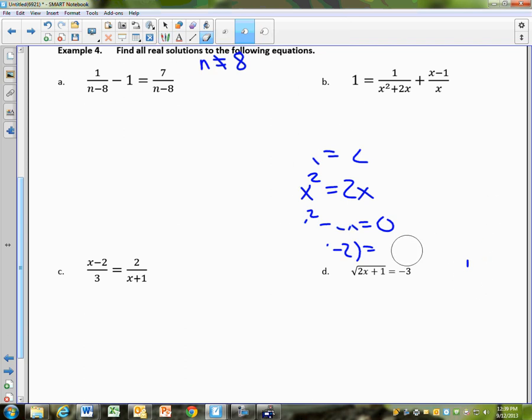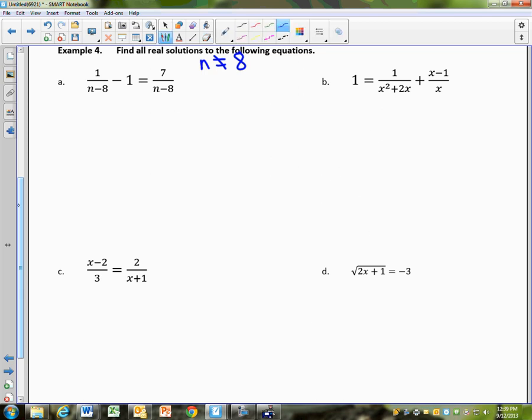So, to start problems like this, just to make this nice and easy, I have to identify the common denominator, and that's what I will multiply through by. What's the common denominator between n minus 8 and 1? N minus 8. So I'm going to take that n minus 8, and I'm going to multiply it through. Not on the denominators, just through the numerators.